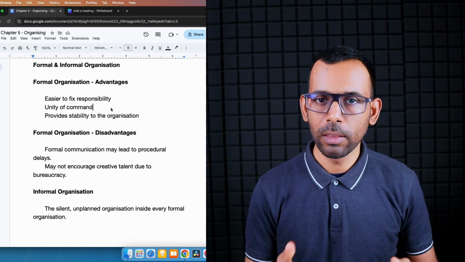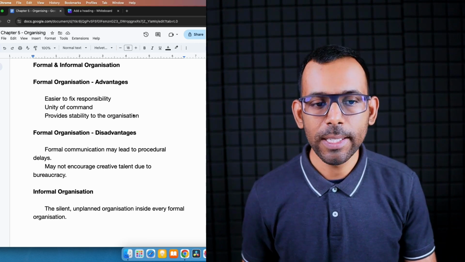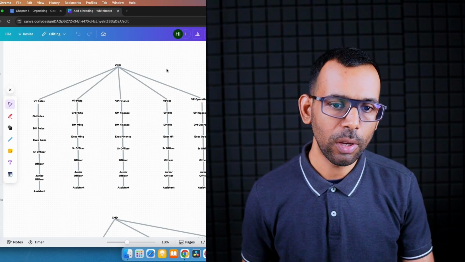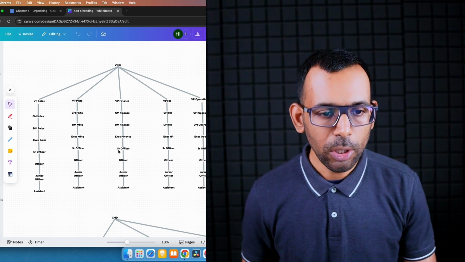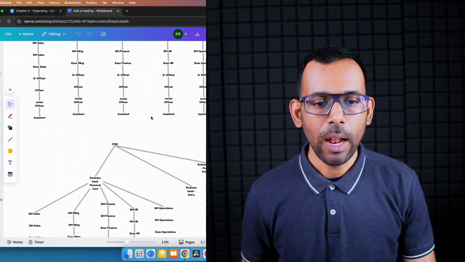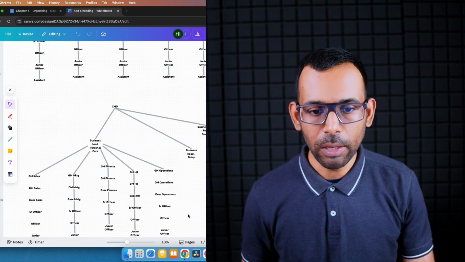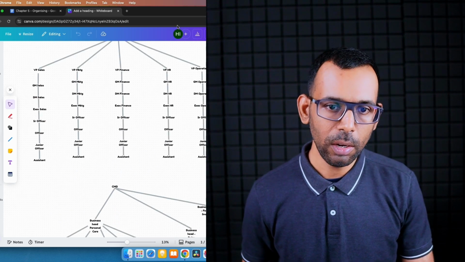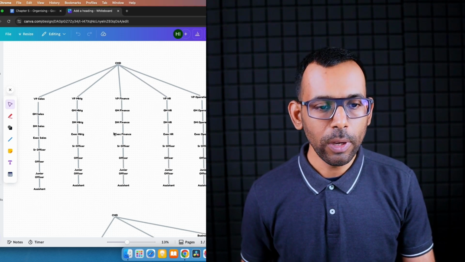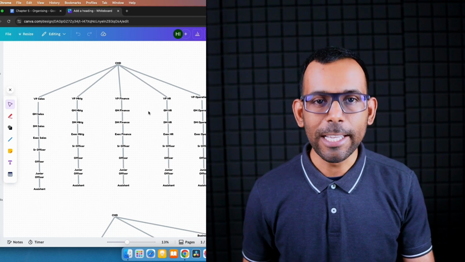Let's talk about the third advantage, which is that it provides stability to the organization. Let me give you an example, the diagram that we saw a couple of days ago. The top diagram is the example of a functional structure, and the bottom one is the example of a divisional structure. Both are examples of the formal type of organization. If you look at this, it gives me a sense of control.